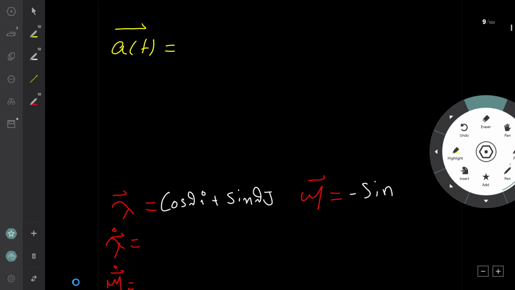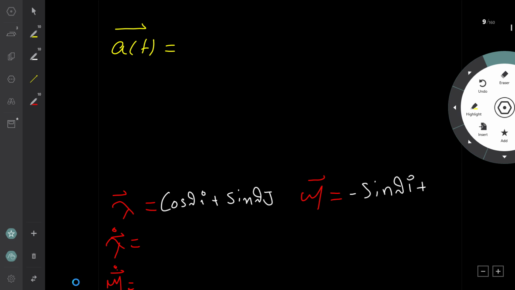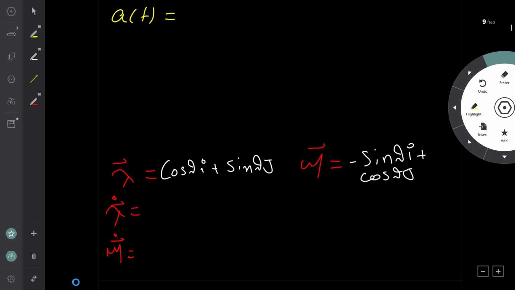Minus sine theta along i plus cosine theta along j. Let's make those two derivatives. We have to consider the derivative of lambda dot, but we will see that in the acceleration we will need to consider the derivative of mu.